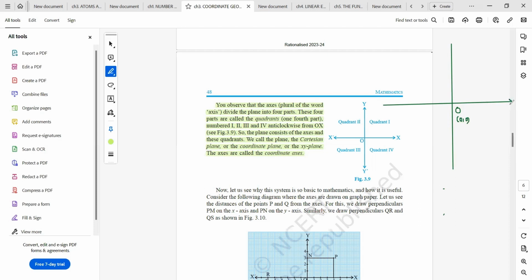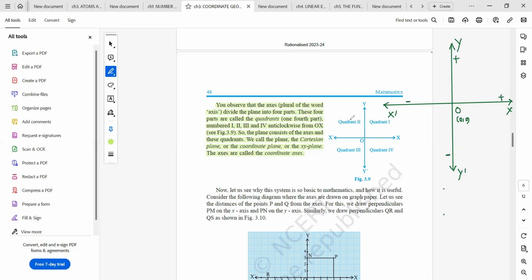Then we have the x-axis, that is the positive x-axis. This we call x dash because this is the negative x-axis. This we call y because this is the positive y-axis, and this is y dash because this is the negative y-axis. Okay. So it has all the positive numbers. It has also positive numbers. It has all the negative numbers, and it also has the negative numbers.